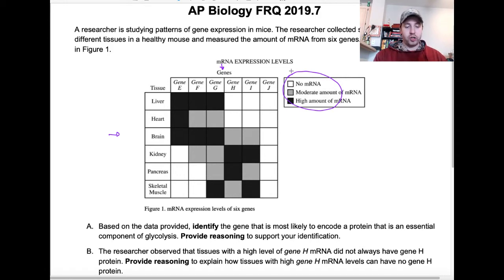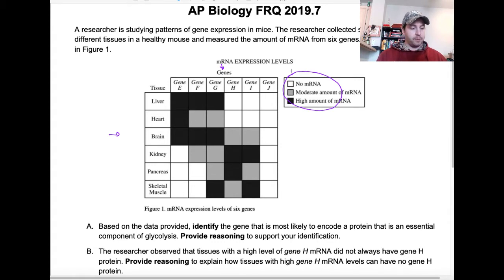If it's shaded, it could be a moderate amount, so I'm making and expressing some of this protein, but not a whole ton of it. And then the very darkened in is that high amount of mRNA, and that indicates that this is a very active gene that's being actively transcribed and translated because the protein's needed.